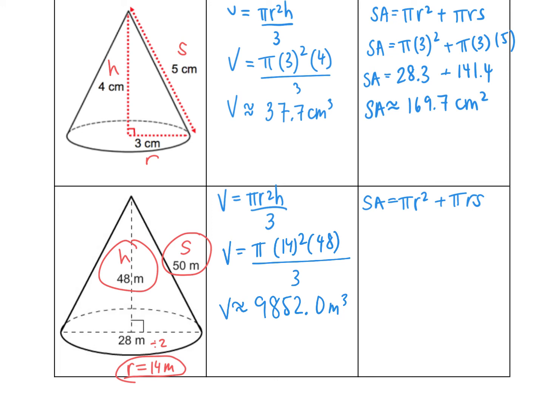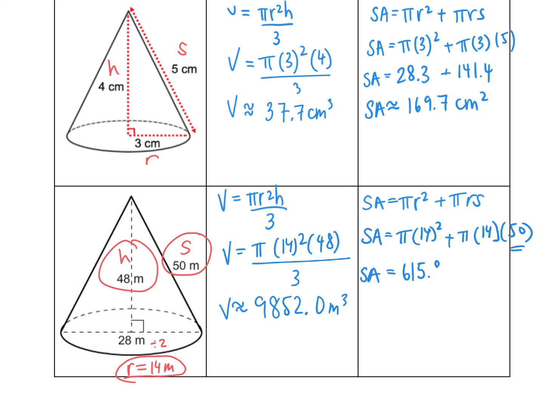And then let's pause again, and I want you to try the surface area, putting your dimensions in carefully, simplifying, and then come back to check your work. So we should have pi 14 squared plus pi times 14, and be careful here, the slant is 50, not the 48. And when we clean this up, we can clean it up in multiple steps.